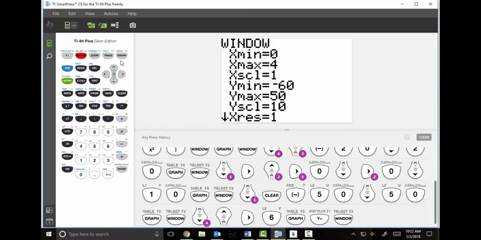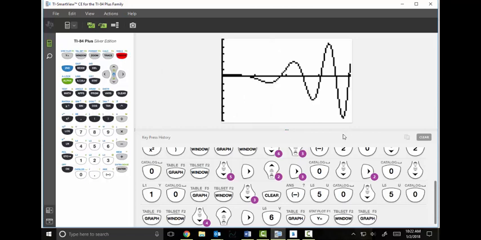That just makes it prettier to look at. And then when I look at it, this is what it looks like. Now look, my function's between negative 60 and 50 on the interval from 0 to 4. Well, is it relatively obvious that 60 is definitely greater than or equal to the absolute value? Because we're talking about the absolute value.